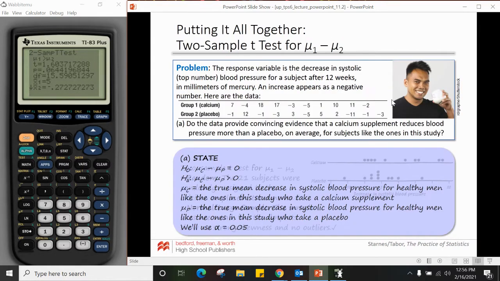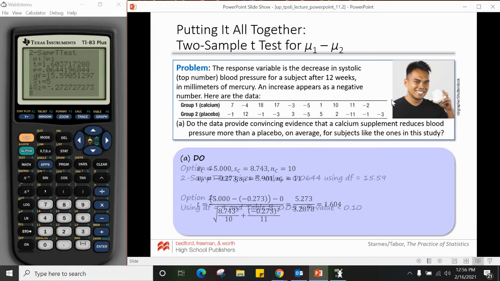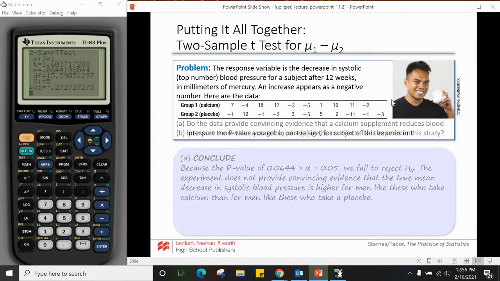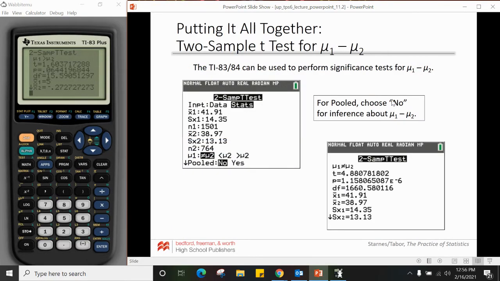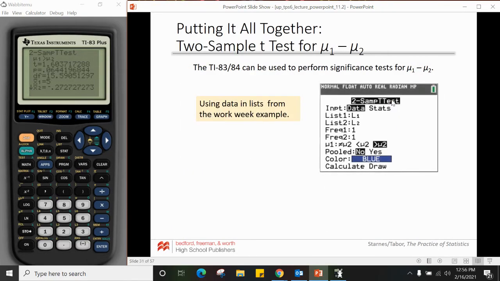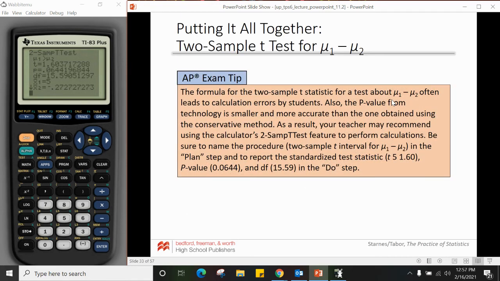You're going to continue on. So I gave this tip in 11.1, and I'm going to give it again. The formula for the 2-sample t statistic for a test about mu1 minus mu2 often leads to calculation errors by students.